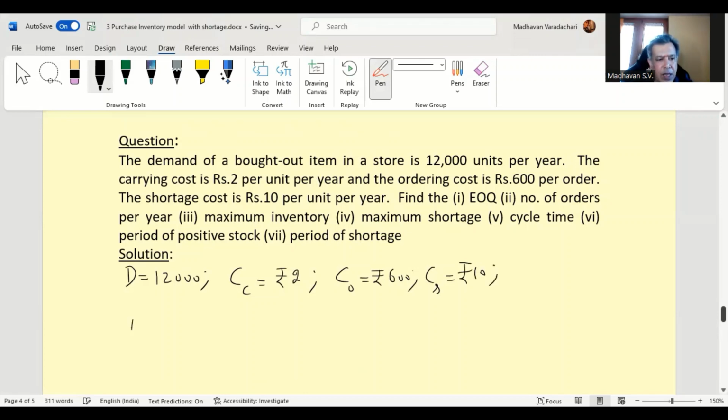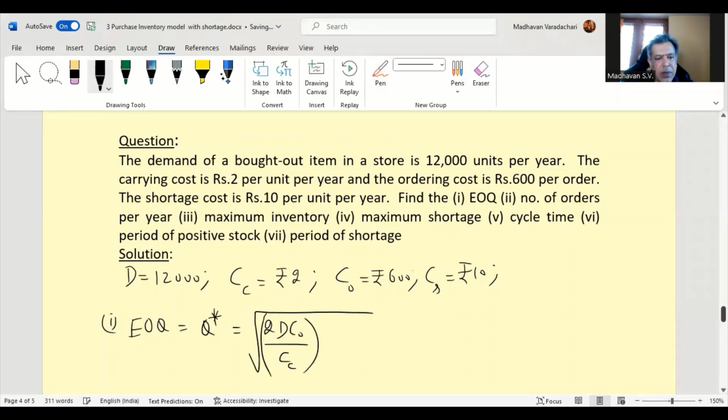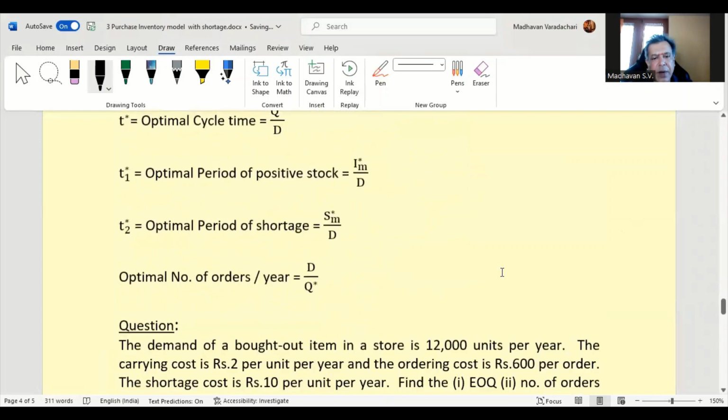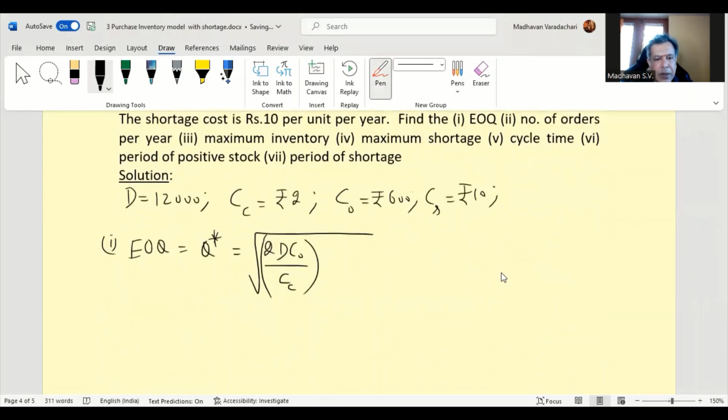We need to find out EOQ first. First question, which is our Q star, and it is the square root of 2DCO divided by CC times (CS plus CC) divided by CS.